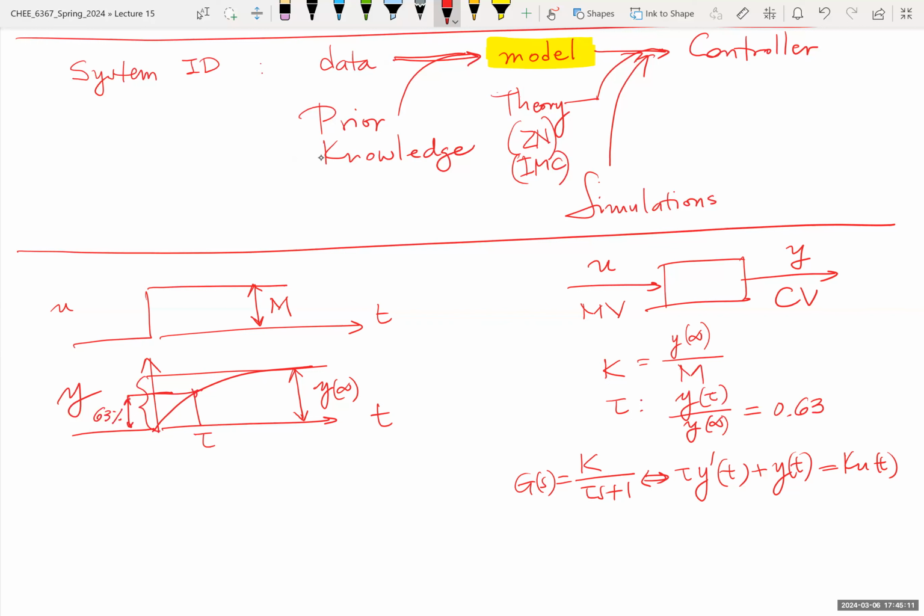First order systems appear quite frequently because whenever you have a conserved quantity such as mass or energy or momentum, you have that accumulation rate is equal to in minus out. Accumulation rate of whatever quantity is the first derivative of that quantity.